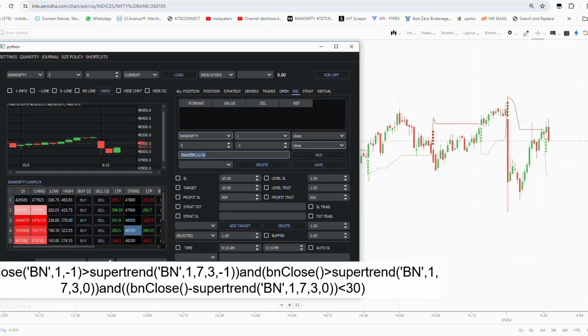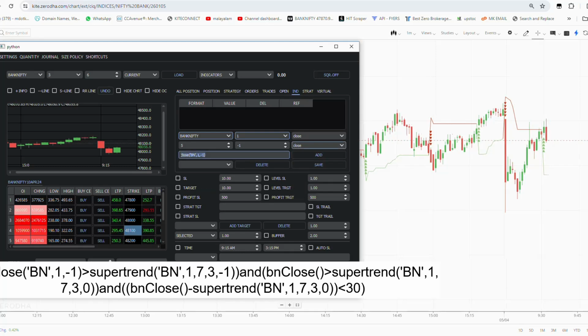This is the format of the close price of the previous candle. The close price of the previous candle should be above the SuperTrend. So the first condition is that our close price should be above the SuperTrend.